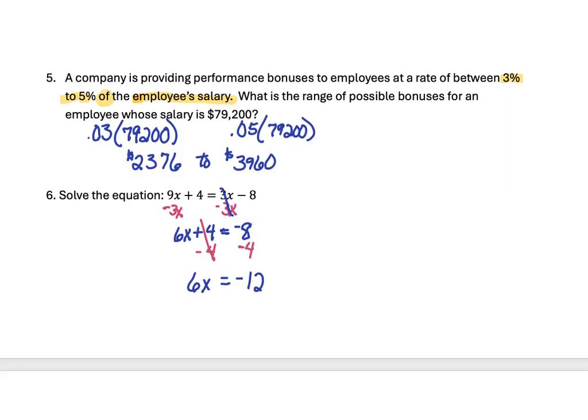We've got 6 times x, so we need to divide both sides by 6. That's going to cancel these 6's out. So now we're left with our final solution, which is x equals -2. Okay, so we just want to follow it step by step. Try to get the variable on one side, to isolate the variable by getting rid of that 4, and then to get the variable by itself, divide by 6.